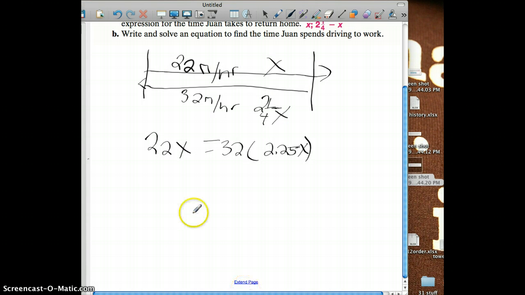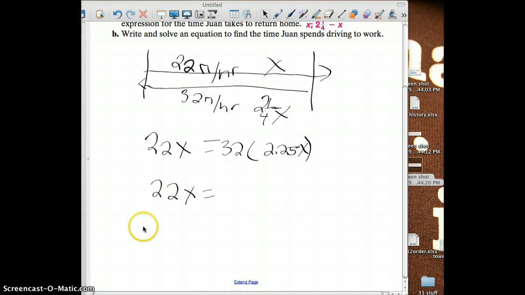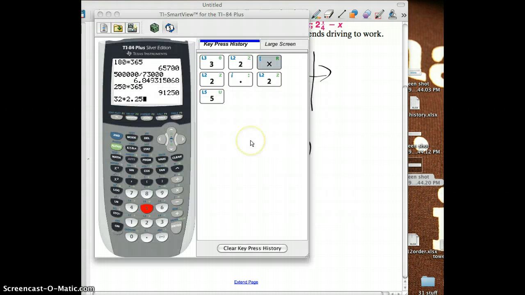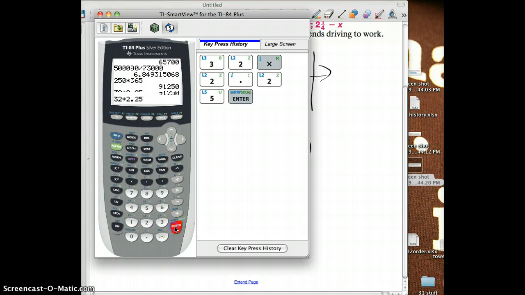We then need to distribute. We're left with 22x equals, we get our calculator, 32 times 2.25 leaves us with 72.